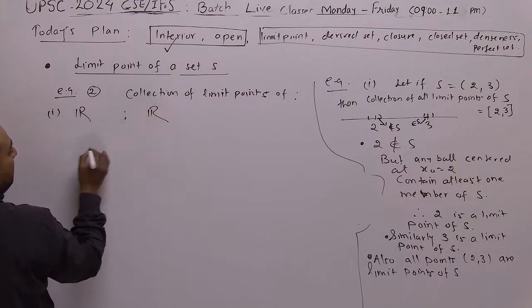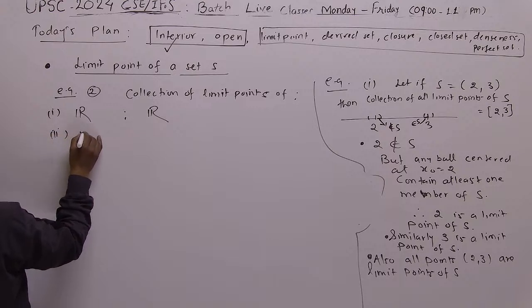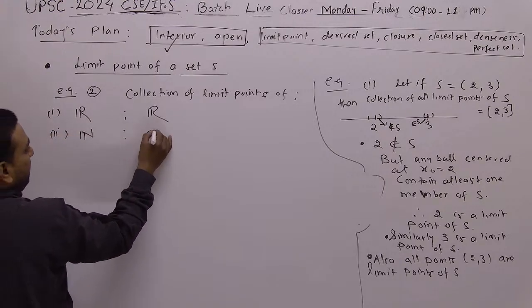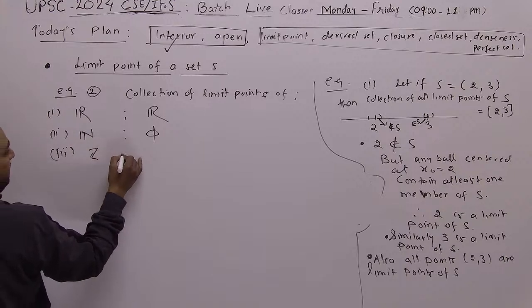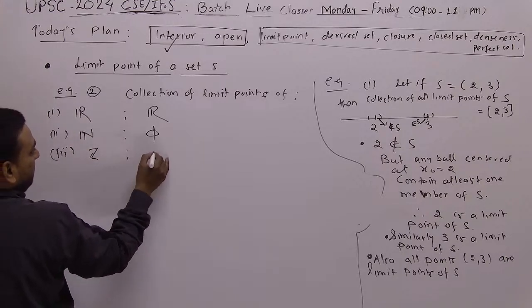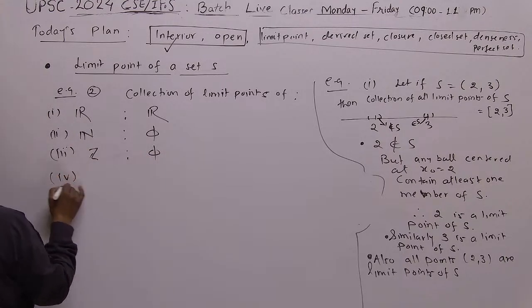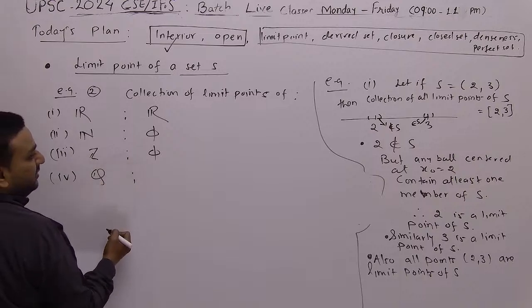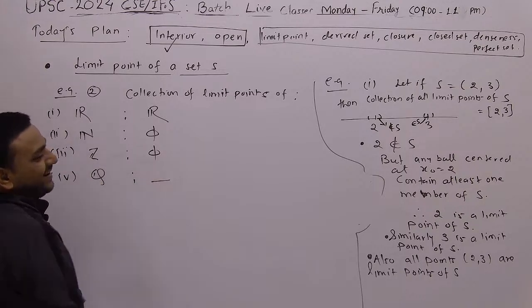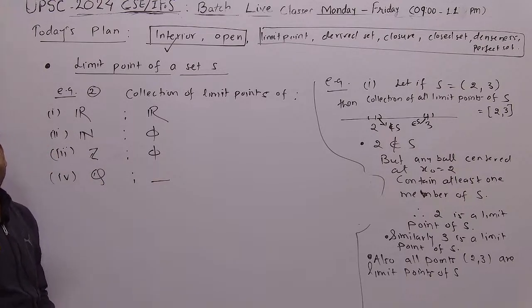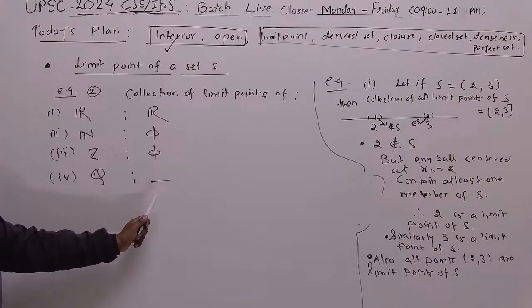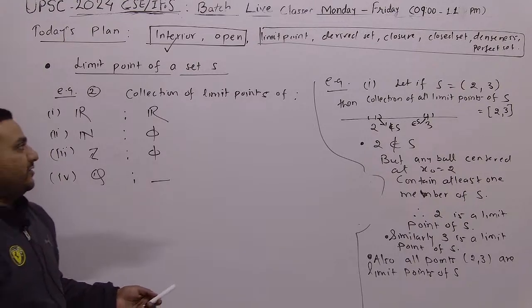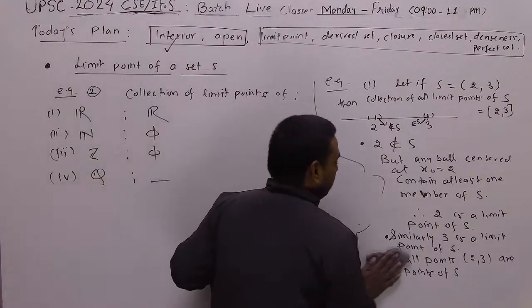Answer is R. Set of natural numbers, what is the answer? Set of integers, what is the answer? Set of rationals, what is the answer? Underline. Please reply here. What is the collection of limit points of the set of rational numbers?